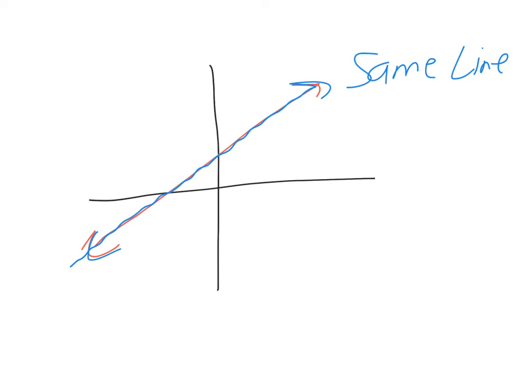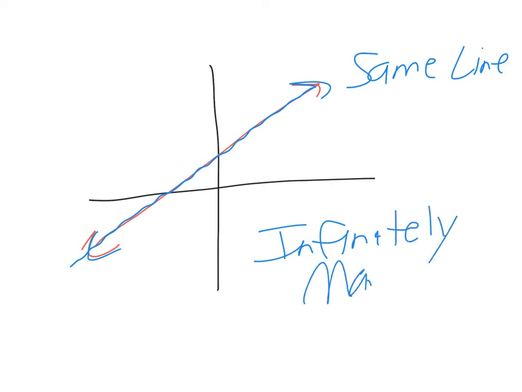They don't have 1, they don't have 2, they don't have 3, but they have infinitely many solutions, because both lines are exactly the same. So every single point, this point and this point and this point, they're exactly the same. They're always the same line. So there's infinitely many solutions.